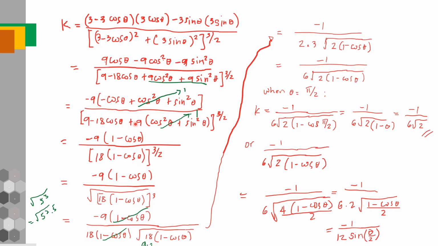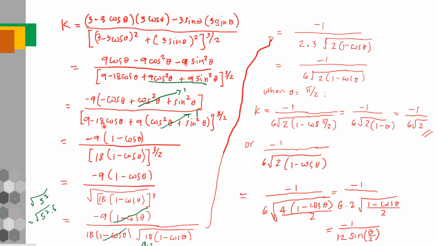Okay, so let's proceed with the next step. So yung natira na lang sa taas is 1 minus cosine theta. Yung sa baba is, since 9 naman ito, plus 9, so meron kang 18. So, nag-factor out lang siya ng 18. So, we have 18 times 1 minus cosine theta.